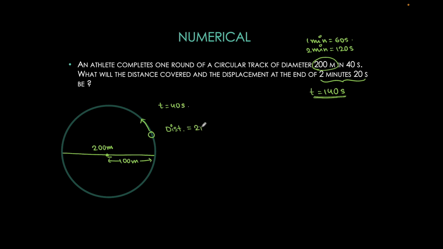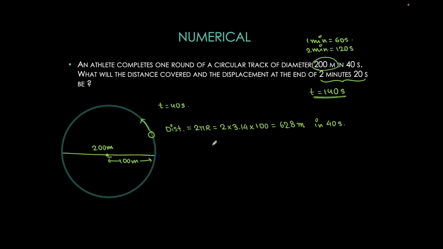Which is equal to 2 pi r, which is nothing but 2 into 3.14 into r, which is 100 meters. So the answer comes out to be around 628 meter, right? So this is the distance traveled in 40 seconds.